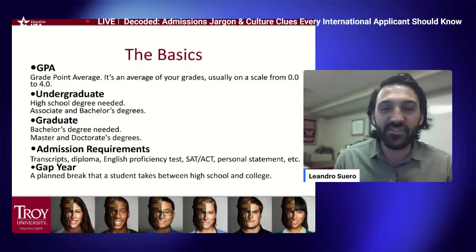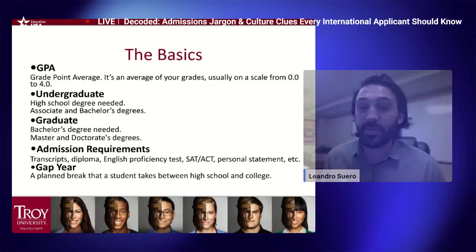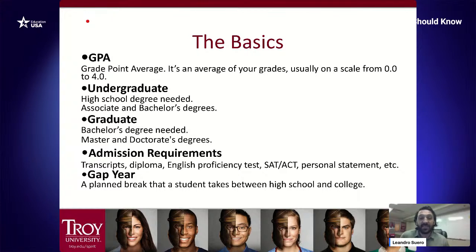So what's a GPA? The GPA is your grade point average. That means that is the average of the totality of your grades when you graduate either high school or university, right? So in the US, we use a 4.0 system from 0.0 to 4.0.